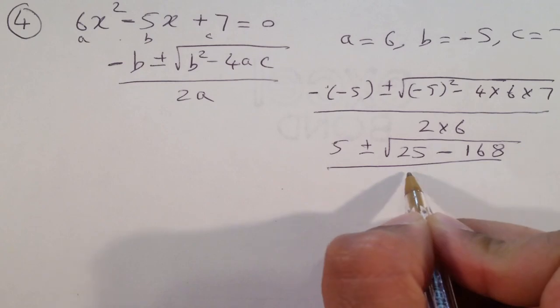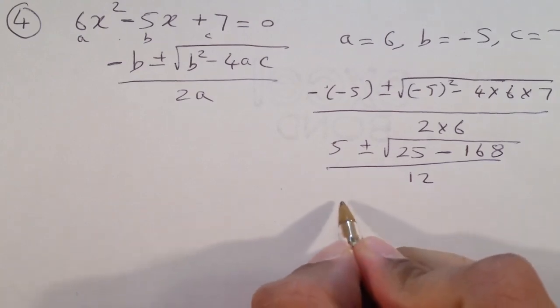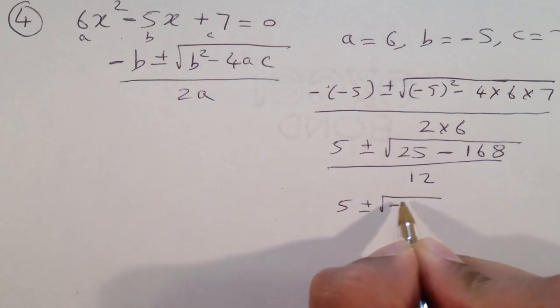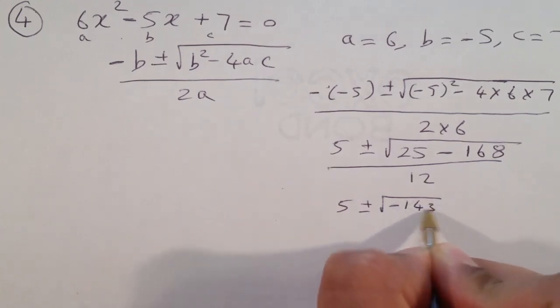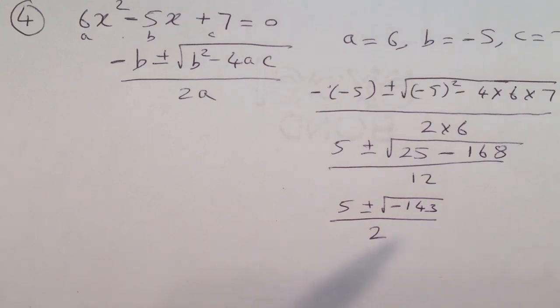whole over 12. Now if you see here, there is 25 minus 168. You will get a negative value. So when you subtract them, you will get a negative root, which is minus 143 whole over 2. It's not possible. It's an error.